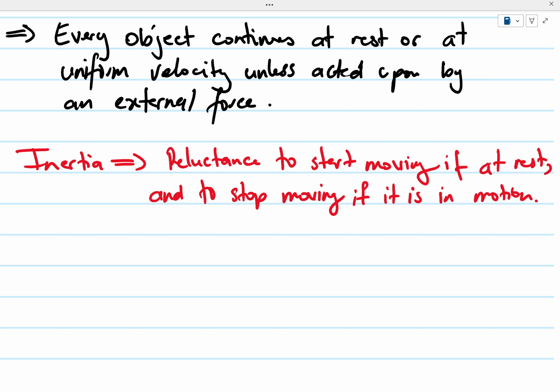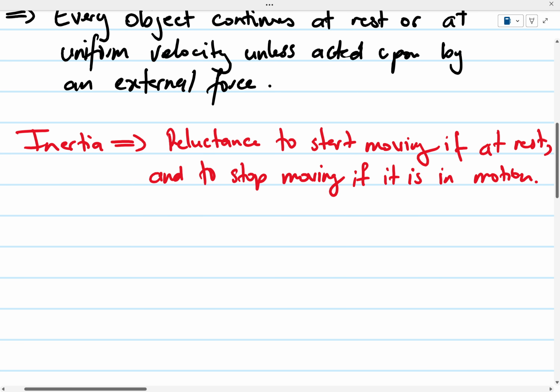If an object is really heavy, it's extremely hard to push it for it to start moving. And if it's really heavy and it's in motion, it's really hard to stop. So we can think of it as the heaviness of the object: how hard it is to push, how hard it is to stop once it starts moving.